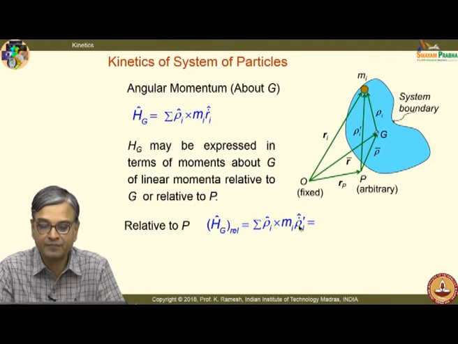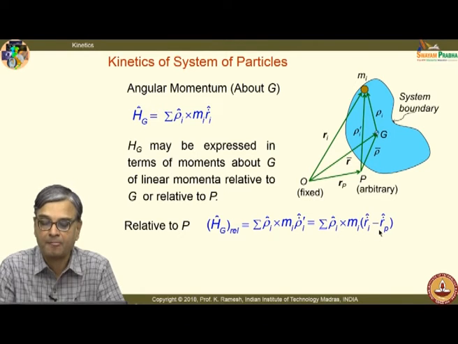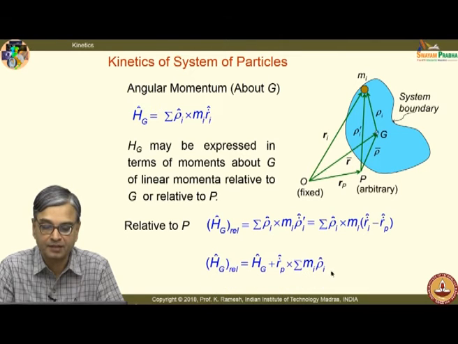So, I have rho dot prime. Rho dot prime is what I am going to do, and this could be replaced in terms of the vectors, and you put the product and group the terms appropriately. I can write it like this.